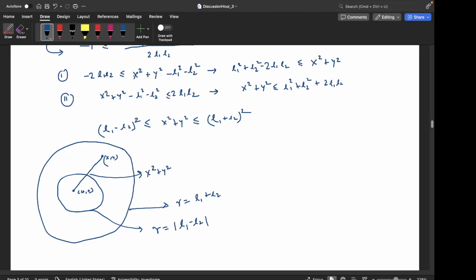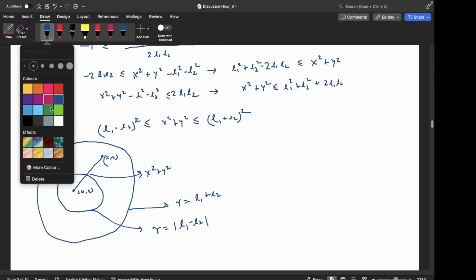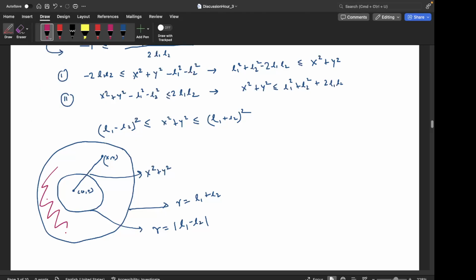Because L1 can be greater than L2 or smaller than L2, so we will take the difference, right? And that is the radius of the inner circle, right? And basically what we have is this area which I am shading. This is the reachable area.